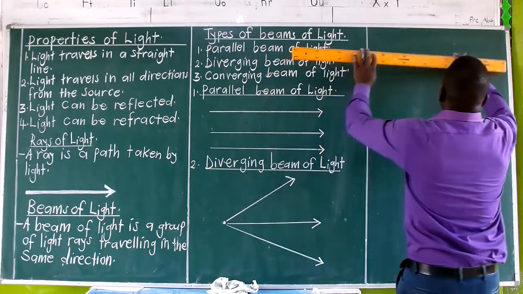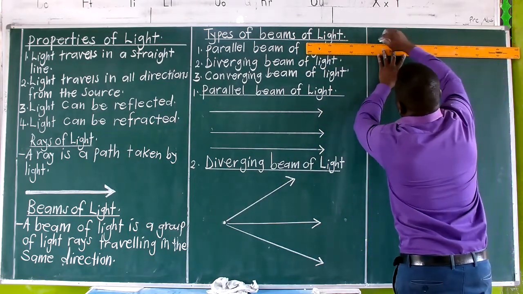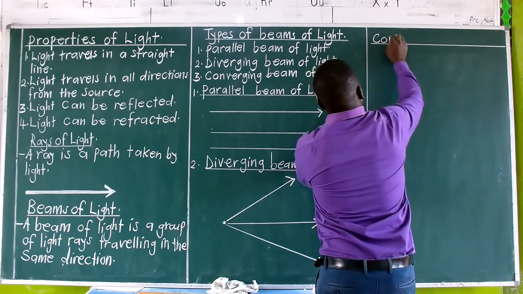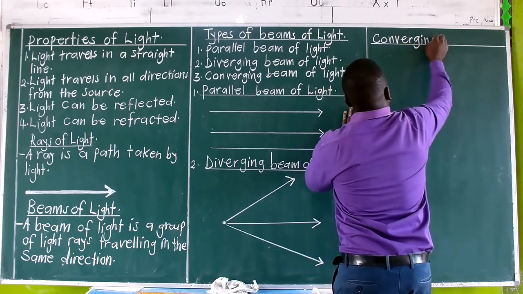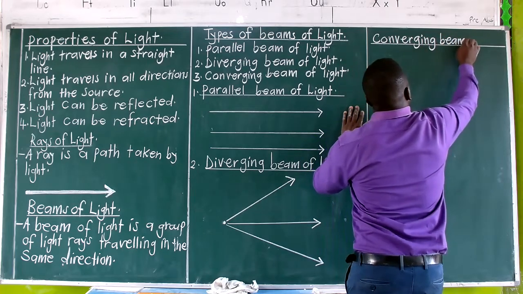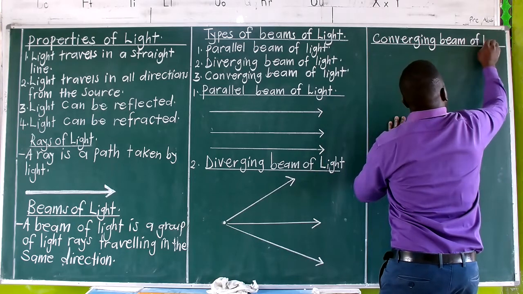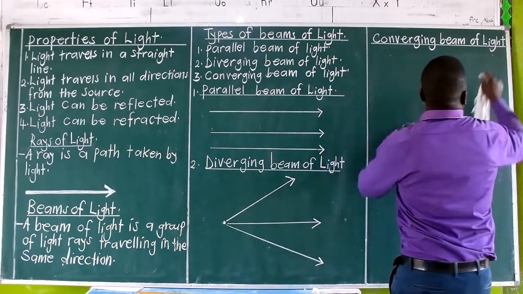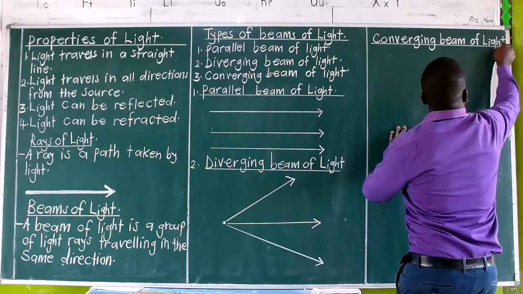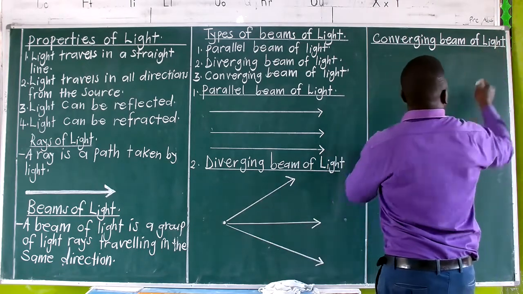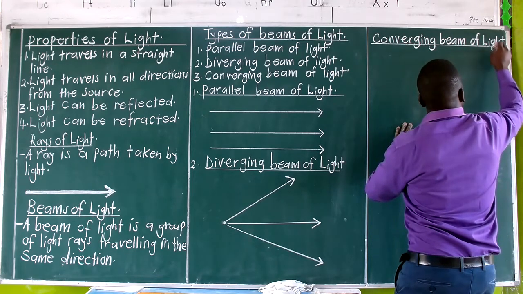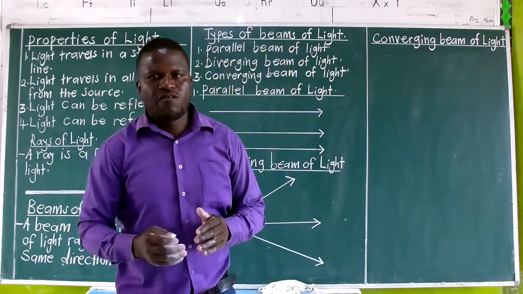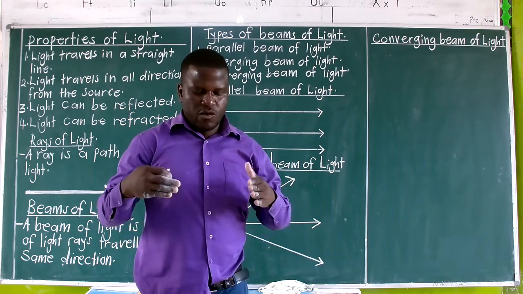Then we look at converging beam of light. Now, in a converging beam of light, the light rays move from different directions, moving towards one point.